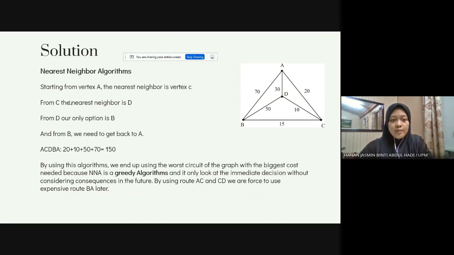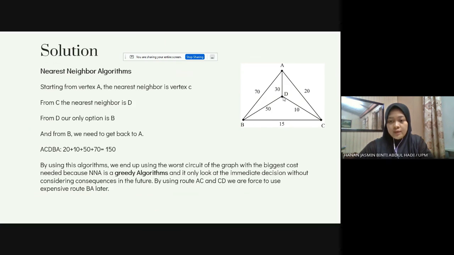Nearest neighbor algorithm. Okay, we start from vertex A, and from here we can see the nearest neighbor is vertex C with total weight 20 rather than D 30 and B 70. So we choose C. From C, the nearest neighbor is D with weight 10 rather than B with weight 15.